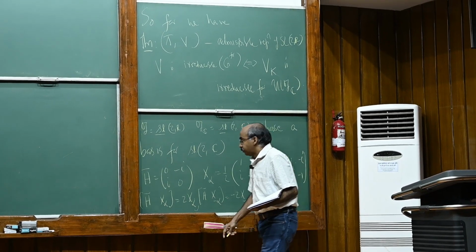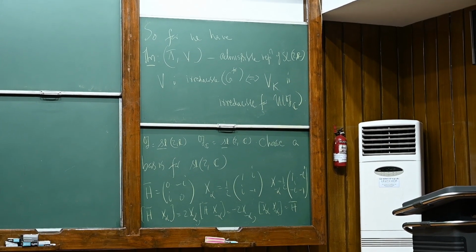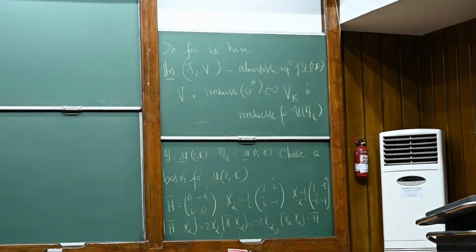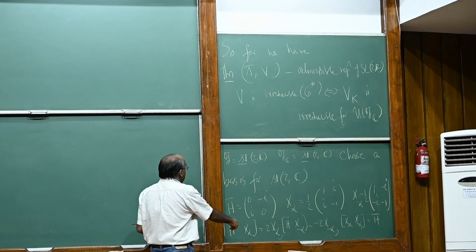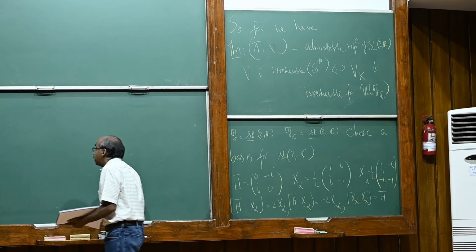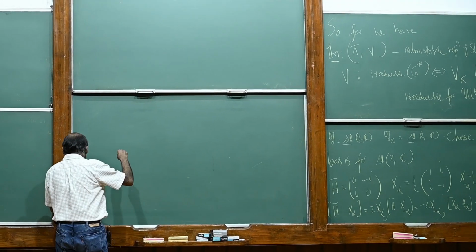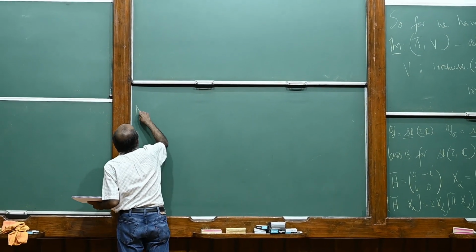Those are the root vectors with respect to the action of this element H, and this element H is what generates the compact group. So note that as well.